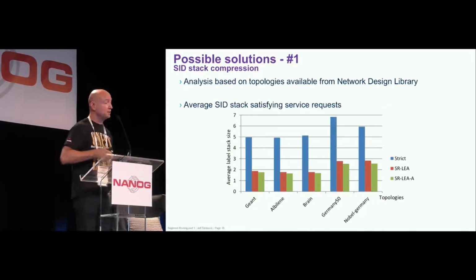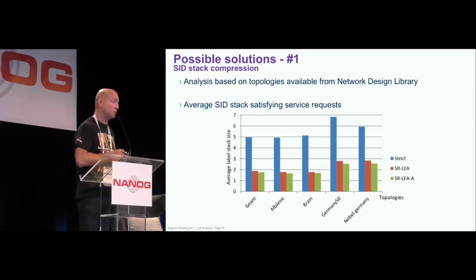So if you analyze the topology versus the service requested and the average seed depth, you could see that using basic node or link per link encoding, we get to an average seed depth of 7, which leaves you out of low-end merchant silicon and would be supported on some high-end silicon and probably proprietary silicon.